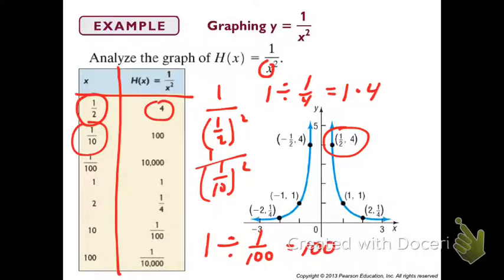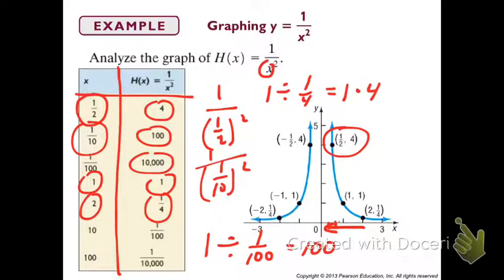Okay, so the bottom line is this: as x is getting closer and closer to 0 from the right hand side, so 1/2, 1/10, we can see that the values of y, the values of the function, are getting really big. Okay, and then as x gets bigger in the positive direction, when x equals 1, y equals 1, x equals 2, y equals 1/4.